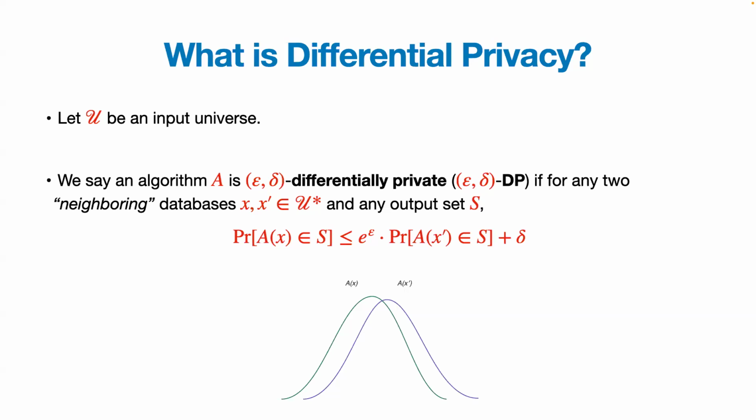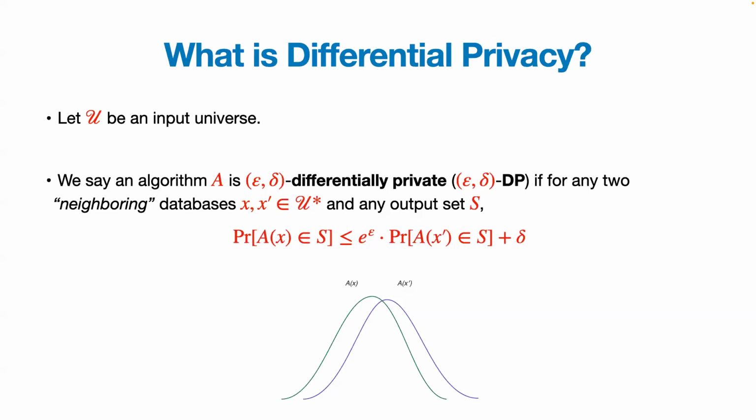But intuitively, we say that an algorithm A is differentially private if for any pair of neighboring inputs, x and x prime, the output of the algorithm A on these two has, let's say, close distributions.